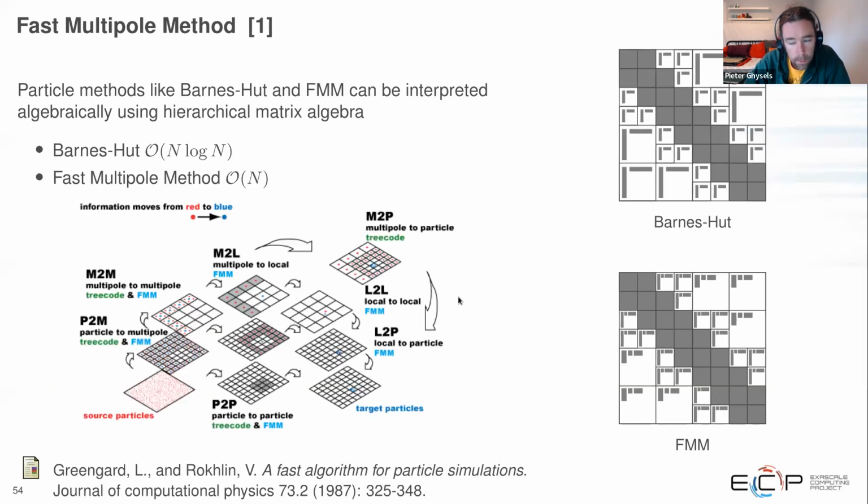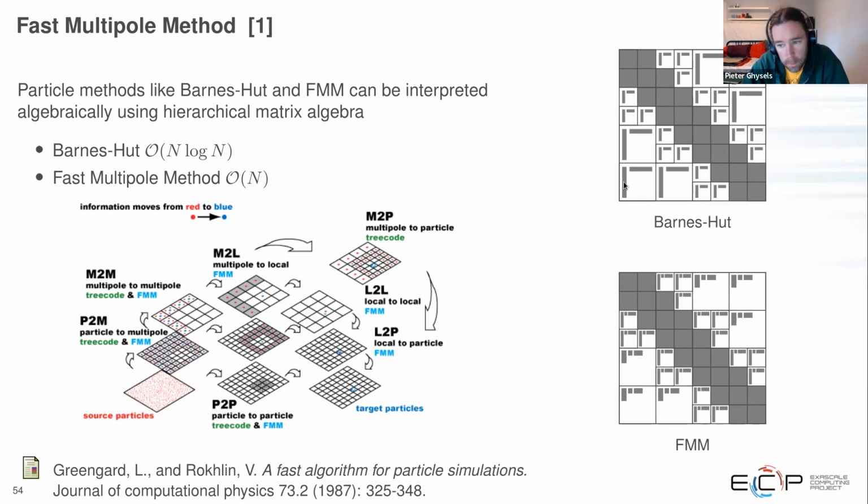So very briefly, these matrix representations are related to the fast multipole method and particle methods like Barnes-Hut. You can think of Barnes-Hut and FMM algebraically using H or H2 matrices.